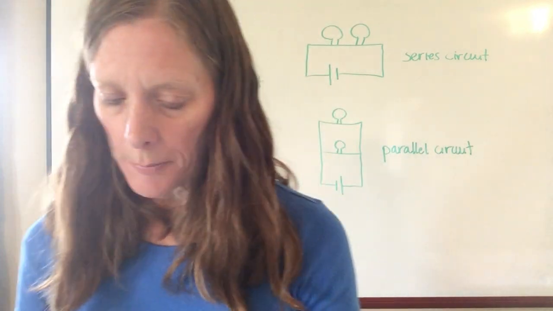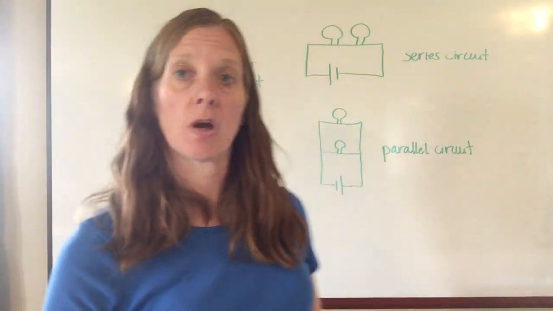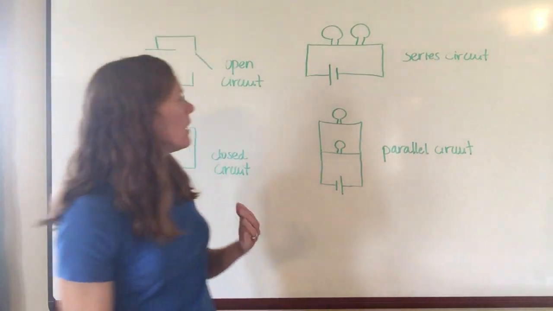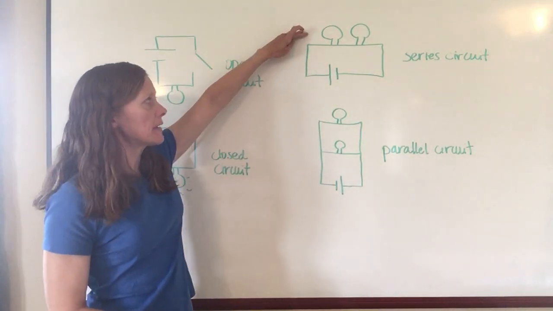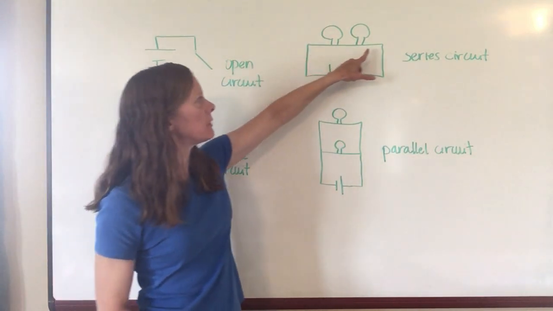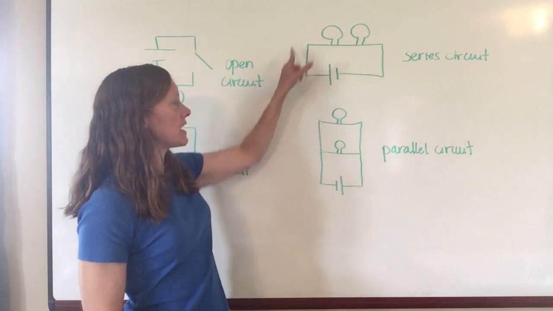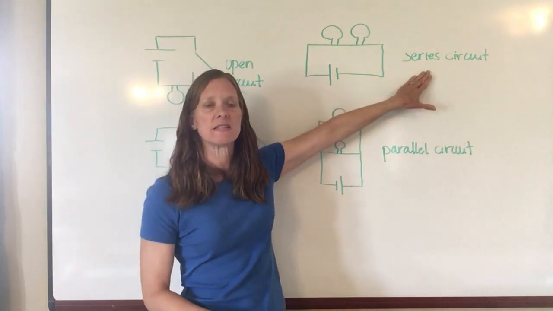Okay? There's a couple of other types of circuits that I want you to understand as well. If I had 2 light bulbs and I put them basically on the same wire, this is called a series circuit.